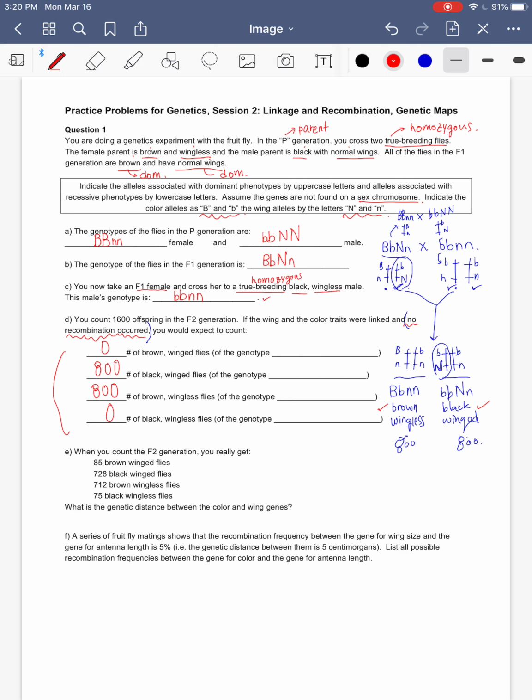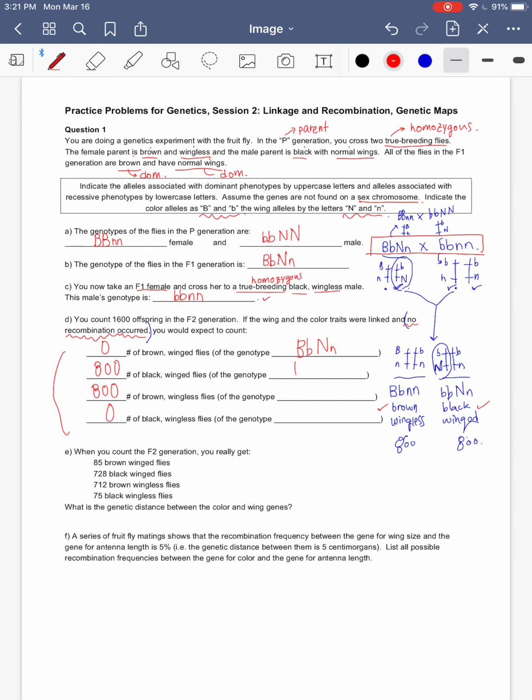And the genotype for brown winged, if we think about this cross here, the only genotype that would be possible would be this.